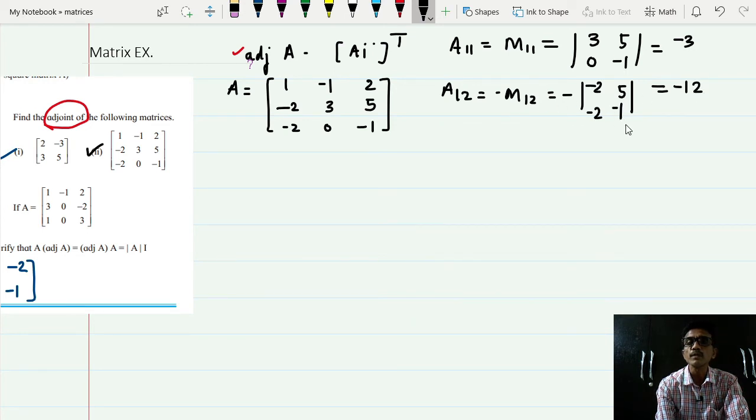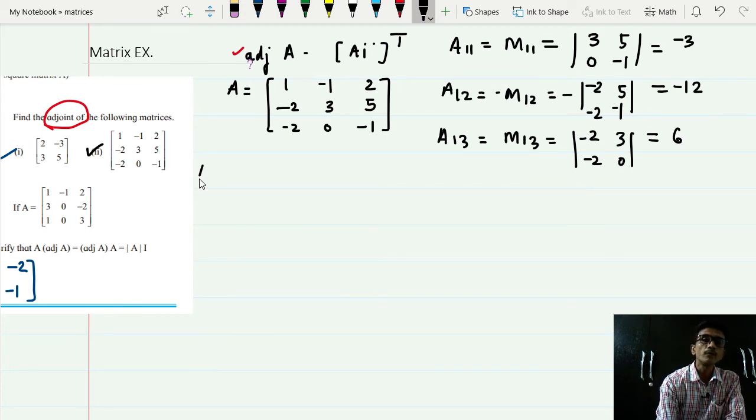Then A13 is equal to M13, which is first row and third column. तो ये एलिमेंट्स का डिटरमिनेंट -2 और 3, 0. Expansion will be what? +6.